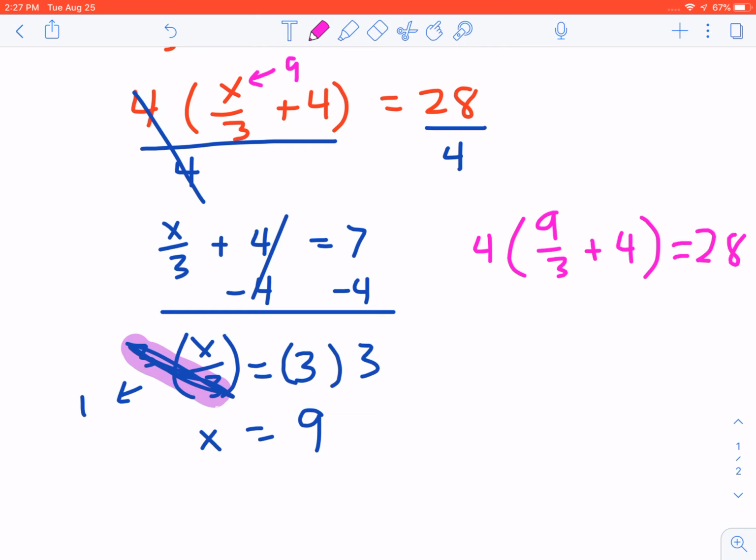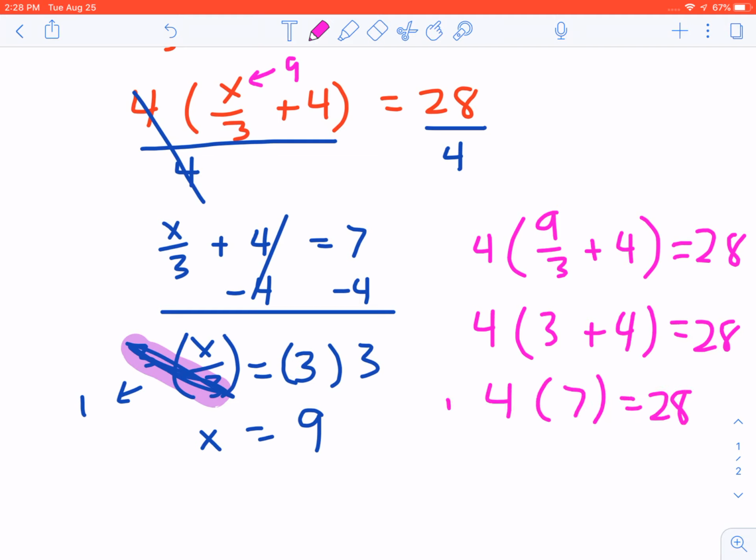So if I just use my order of operations, I'm just checking to see if this is true. So this will be 4 times, well, this is 9 divided by 3, which is 3. And notice that we get 7 there in the parentheses, which is what we said it equaled right at the beginning of the equation. 4 times 7 equals 28. It's an absolutely true statement, which allows us to justify that x equals 9.